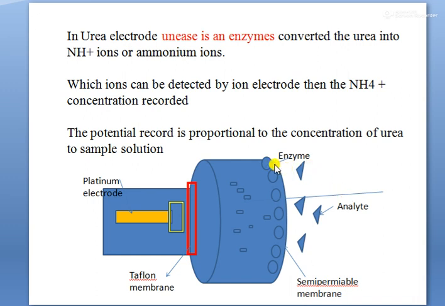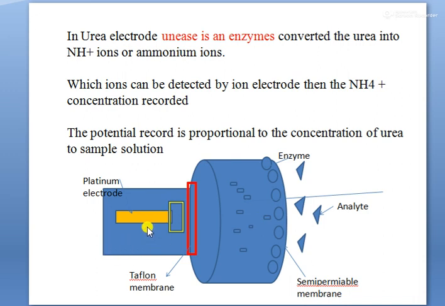After reacting with the analyte, the enzyme gives NH4 plus ions. These box-like structures are the NH4 plus ions. Only these NH4 plus or ammonium ions can pass through the Teflon membrane. After passing through the Teflon membrane, they reach the platinum electrode or transducer, and they create electrical signals.